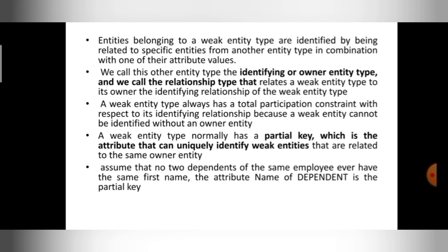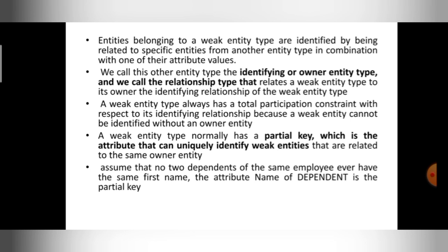Next, assume that no two dependents of the same employee have the same first name. That's why I use the name as the partial key. The chances are very low of two dependents of the same employee having the same name.